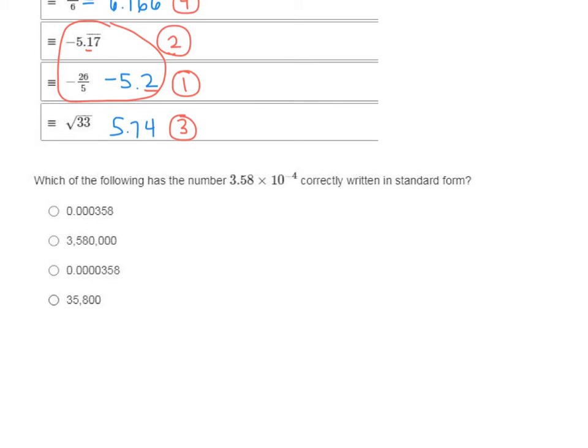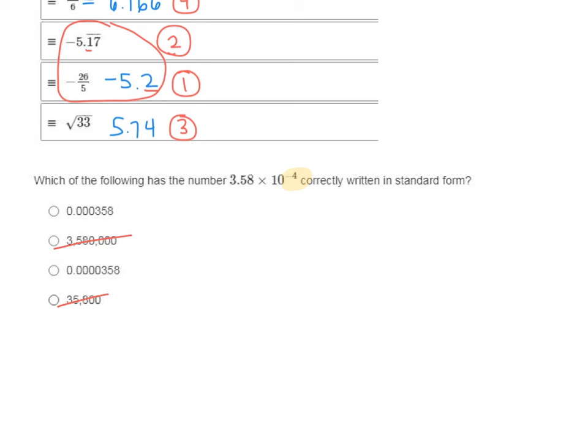One thing I'm at least going to pay attention to here is the exponent. If I have a negative exponent, my answer should be a number less than 1. So when I look at the answer choices, it can't be that one and it can't be that one. The remaining two are the values that are less than 1.